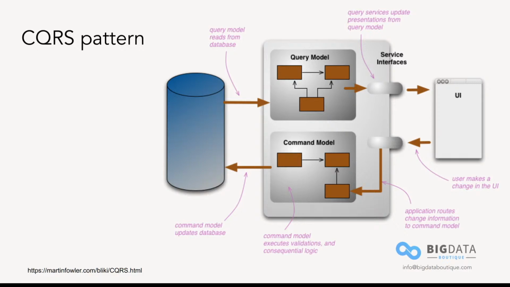So the queries are going to be a lot simpler, and in general terms the interface is going to be a lot more performant than a normal CRUD architecture. Okay, so this is a possibility, this is an option, it's not the only one. As always, it has advantages and disadvantages depending on what you want to do.